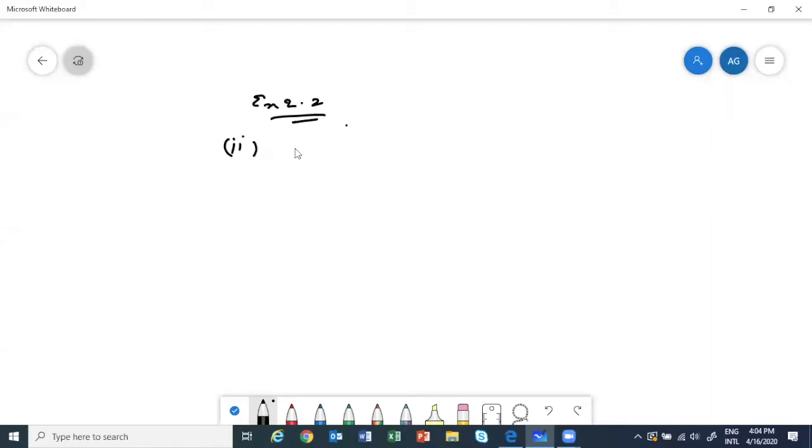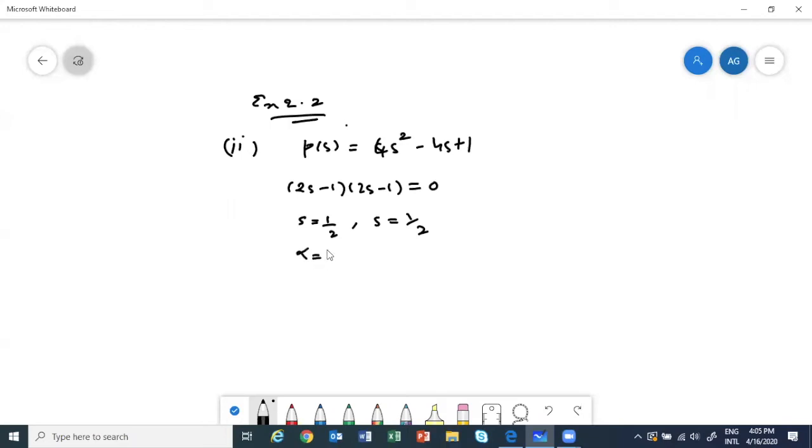Okay. So our polynomial was p of s is equal to 4s square minus 4s plus 1. When you factorize, you will get 2s minus 1 into 2s minus 1 equal to 0. Correct, Nishant? So s is coming out to be 1 by 2 and 1 by 2 only. So when you have two equal zeros, we have to verify: your alpha is half and your beta is also half.